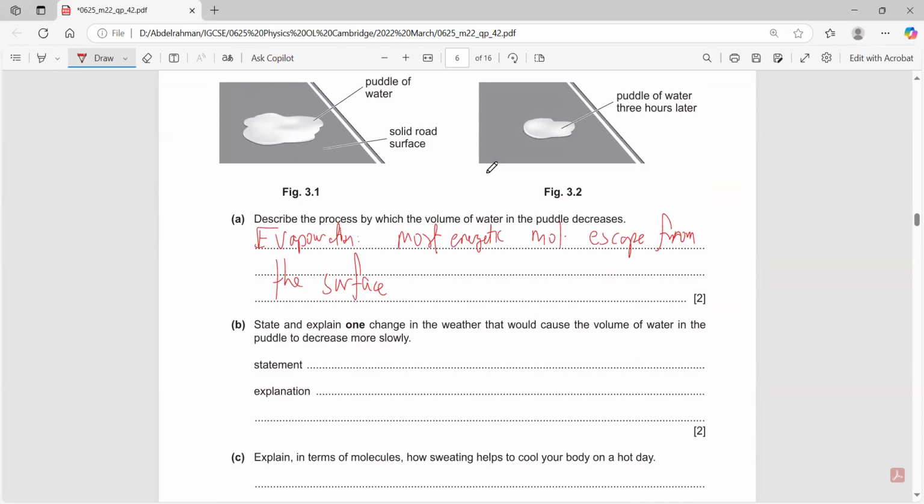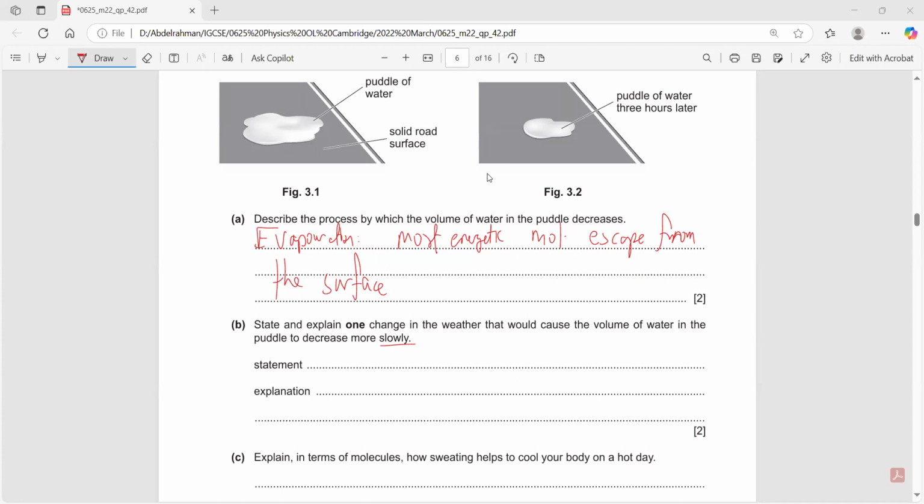State and explain one change in the weather that would cause the volume of the water in the puddle to decrease more slowly. We need to decrease the rate of evaporation. How can you decrease the rate of evaporation? Change to the weather. So you need a colder temperature, right? Why? Because you'll have less energetic molecules that will escape.